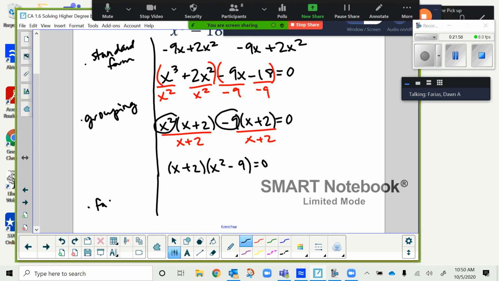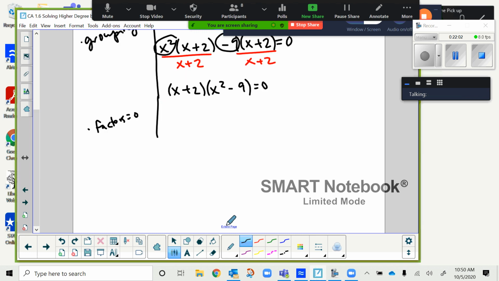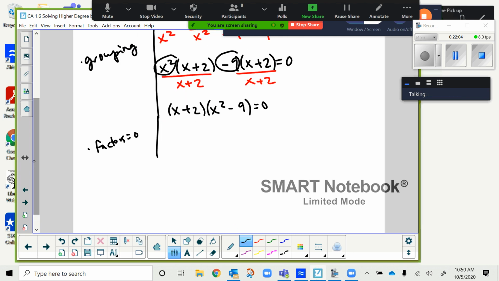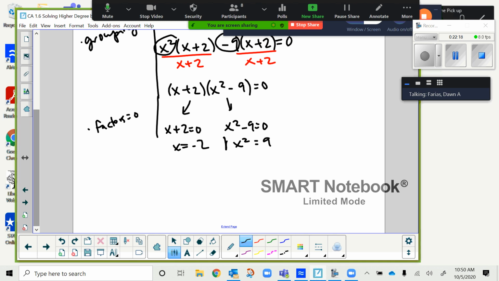Set your factors equal to 0. So x plus 2 equals 0. x squared minus 9 equals 0. Math, math, math. Square root both sides. x equals positive negative square root of 9, which simplifies to positive negative 3.